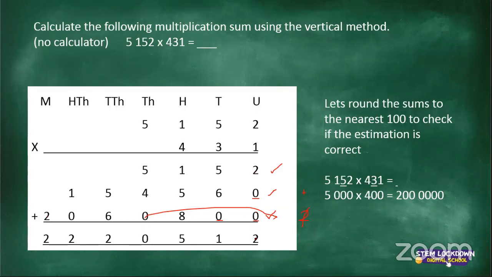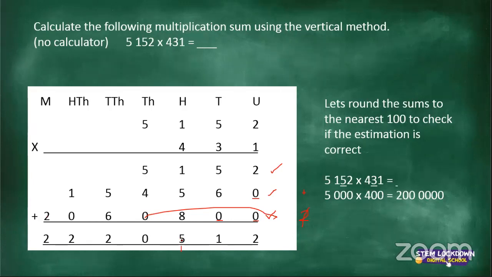So we put our answer 2. Then 6 plus 5 is 11. So we put 1 here and we carry our 1 here. And then we have 8 plus 1 is 9. 9 plus this 1 is 10. And then 10 plus that 5 is 15.